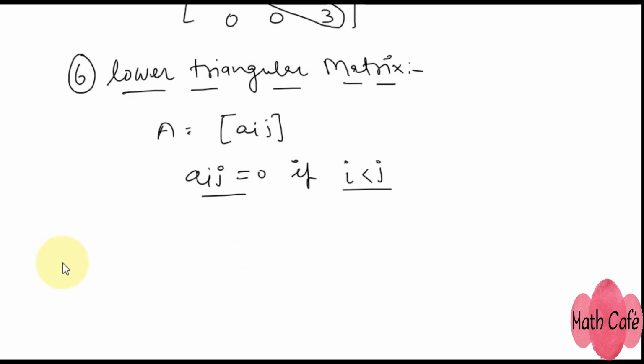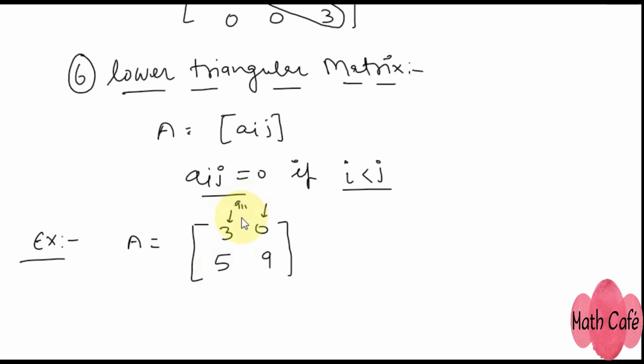Let's take an example here. If any matrix A is represented by, let's say, 3 0 5 9, this one is A11, this one is A12, this one is A21, and this one is A22.